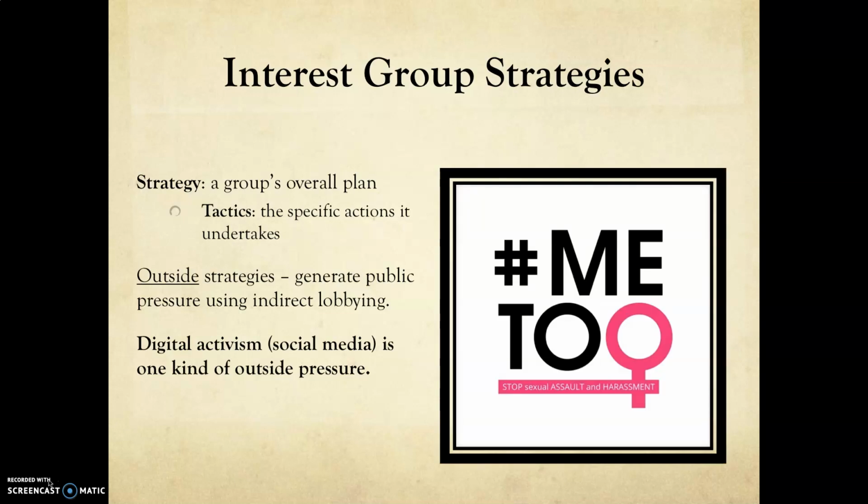They want public policy to go in a certain direction. And so they can use social media, what's referred to as digital activism, the use of Facebook, Twitter, perhaps YouTube when videos go viral. These are ways to try to generate publicity, make issues visible so that elected leaders have to pay attention to them.